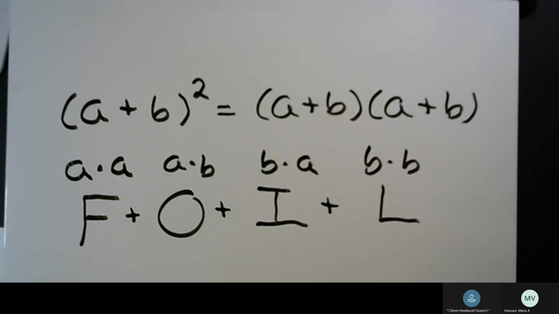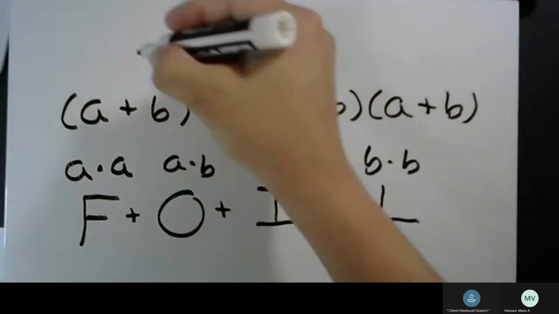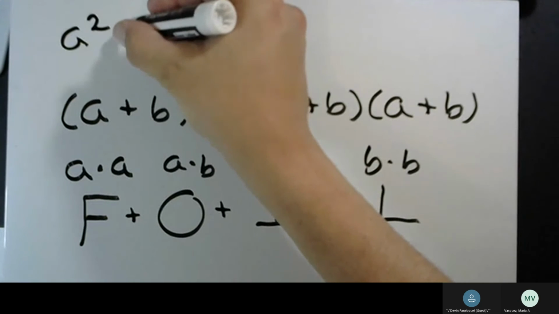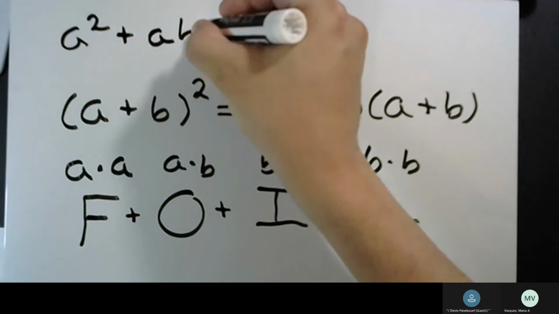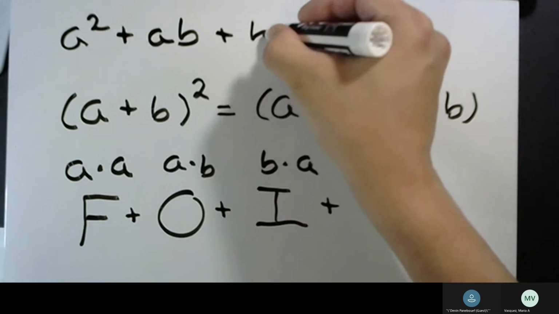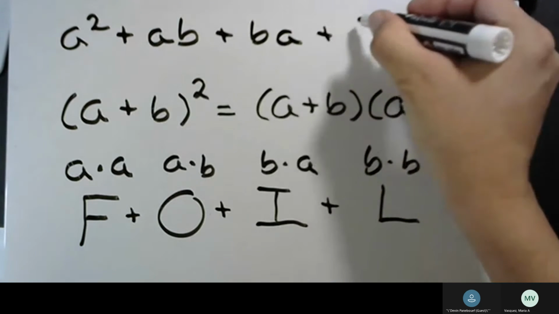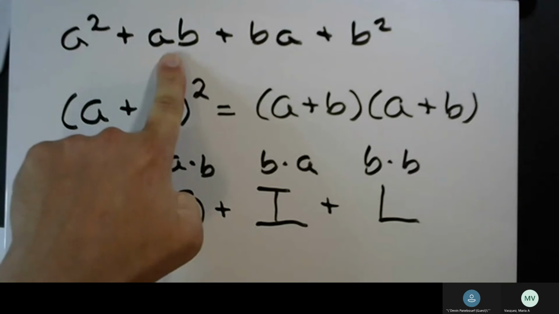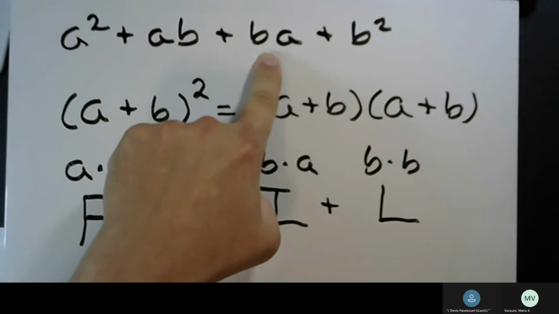So when we add these together, and we always add them together, we get a squared plus ab plus ba plus b squared. A key point with this is that a times b and b times a are the same.